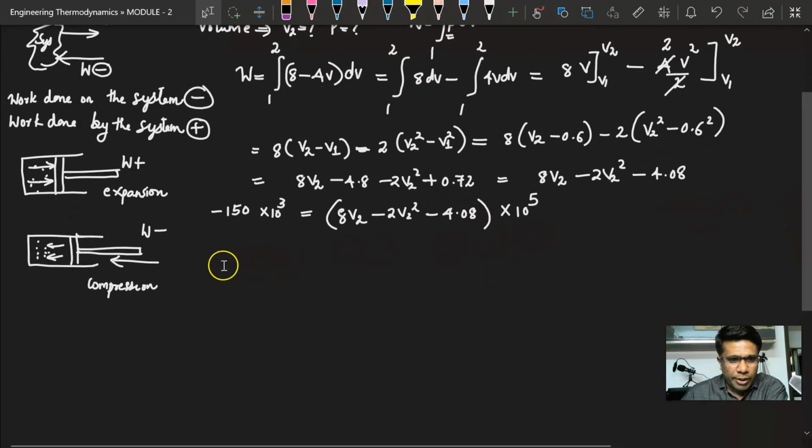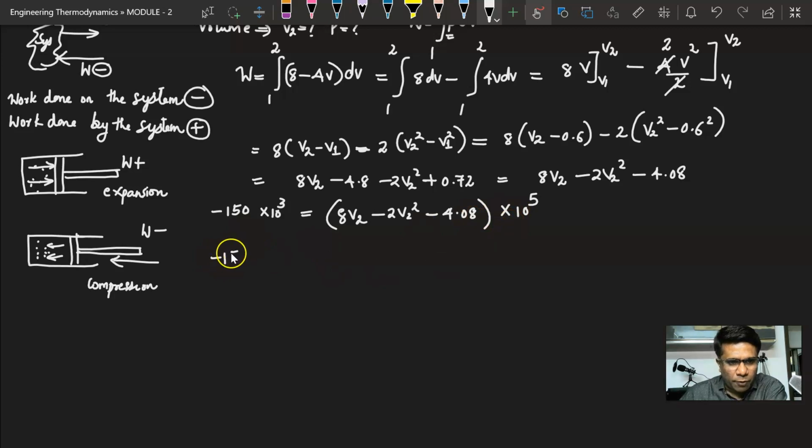Now continuing, I am taking 10 raised to 5 here. Therefore this will be 150 into 10 raised to 3 divided by 10 raised to 5 is equal to 8v2 minus 2v2 square minus 4.08.